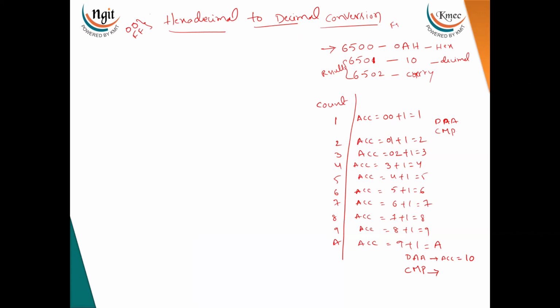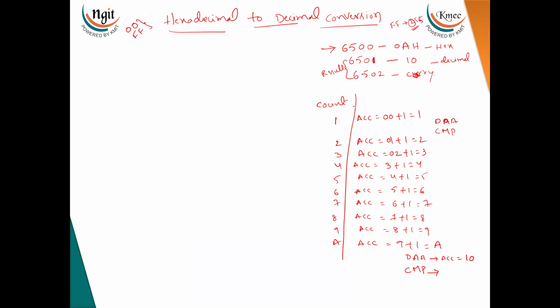If you take FF and convert it, the maximum number is 255, so this 2 is nothing but the carry. So there may be a chance to generate the carry when you give a larger number here, that we need to consider. This is about the data and result.